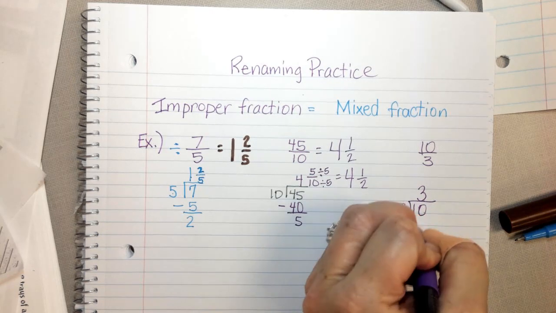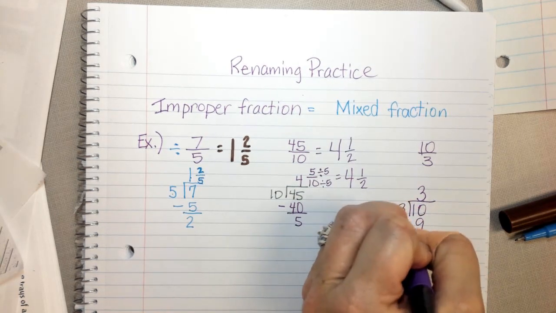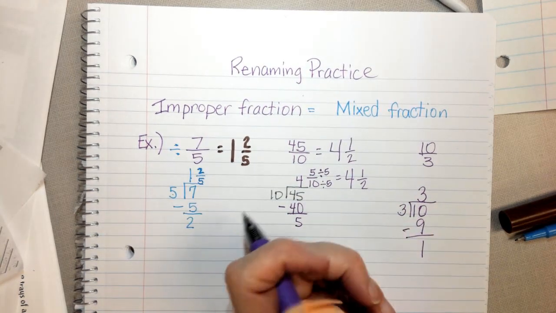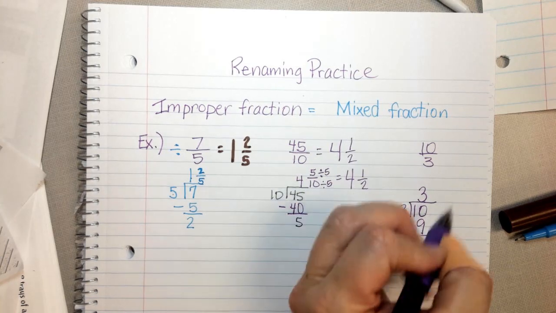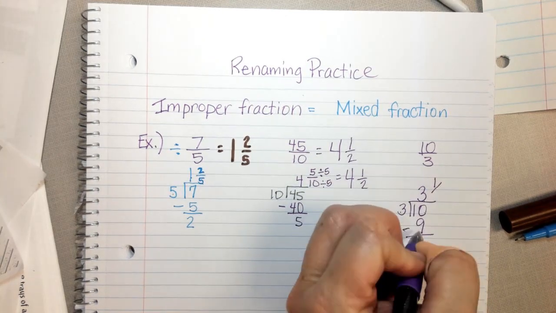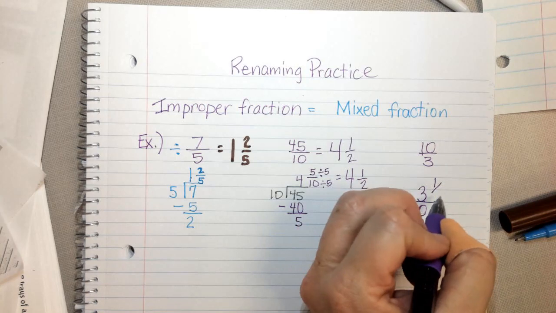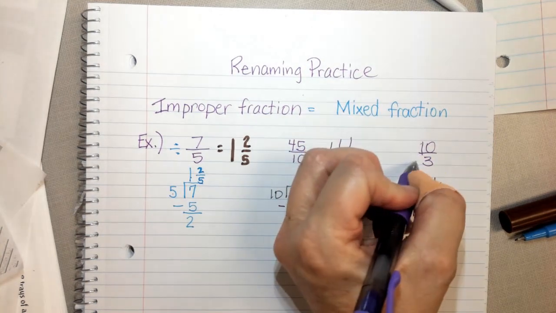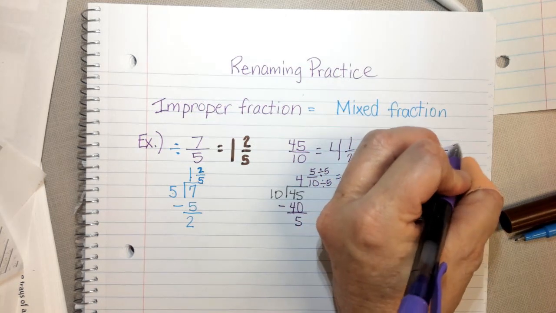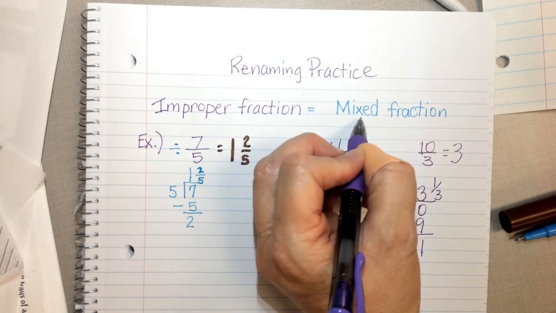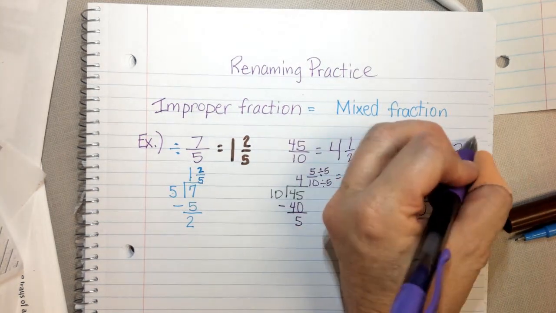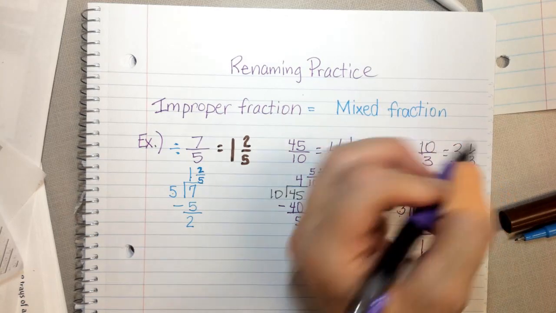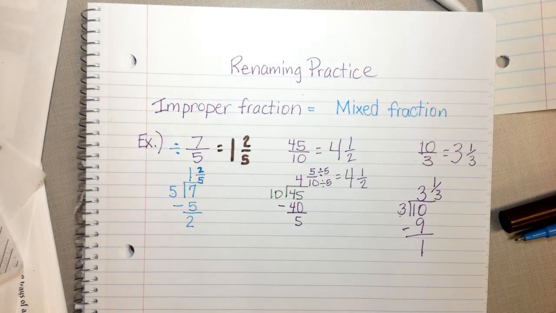And 3 times 3 is 9, with 1 left over. And then we would need to make that fraction. 1 is our leftover amount, and our denominator becomes 3. So 10/3 is equivalent to 3 wholes, that's the mixed part, with the fraction 1/3. What questions can I answer?